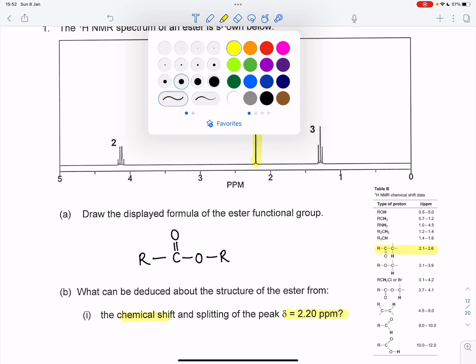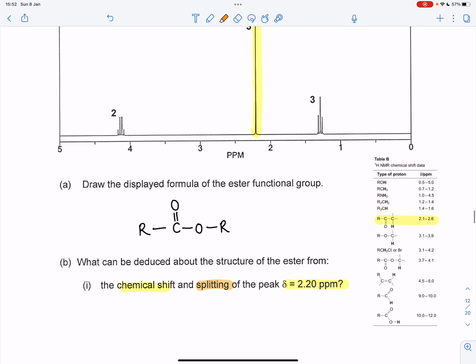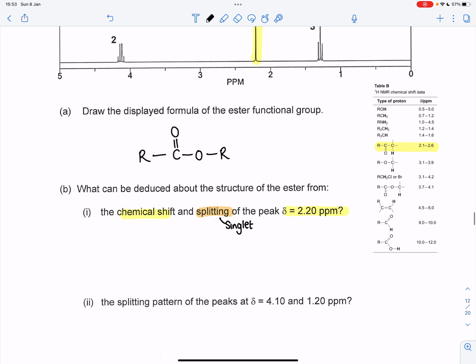And what can we tell from the splitting? Okay, and our splitting here is that this peak is what we would call a singlet. So using the n+1 rule, if we're going to end up with one peak, then we mustn't have any neighbours, because no neighbours add 1 is one peak. So no adjacent protons. What does the chemical shift tell us?